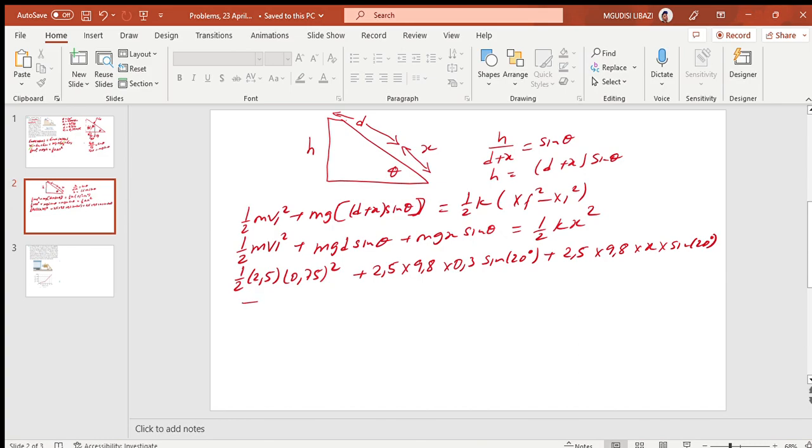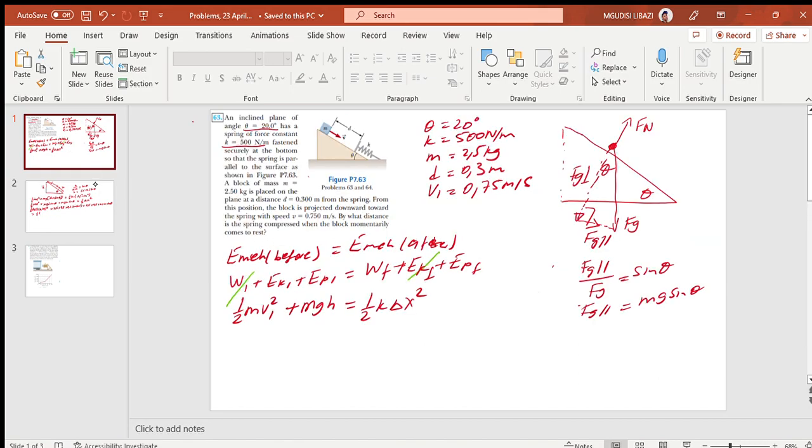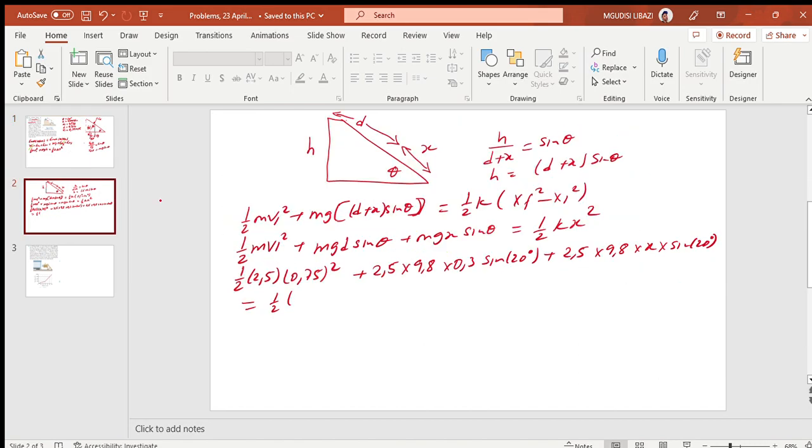That's going to be equal to 1 over 2 multiplied by the spring constant, which was 500 newtons per meter, multiplied by x squared, the variable that we want.